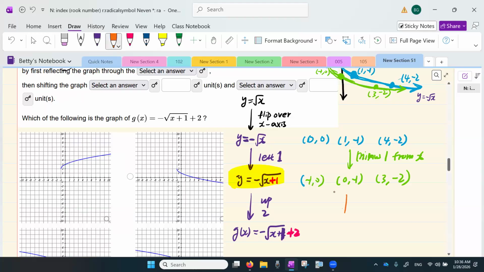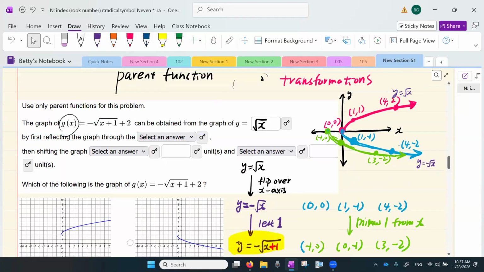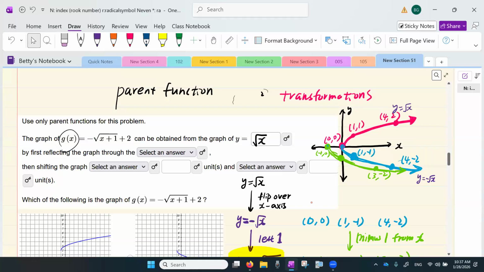That means add 2 to y. The y value increased by 2, right? So the -1, x remains the same, y value increased by 2, 0 plus 2. X remains the same. -1 plus 2 is a +1. 3, -2 plus 2 is 0, right? So all those green points gonna go up 2 units.